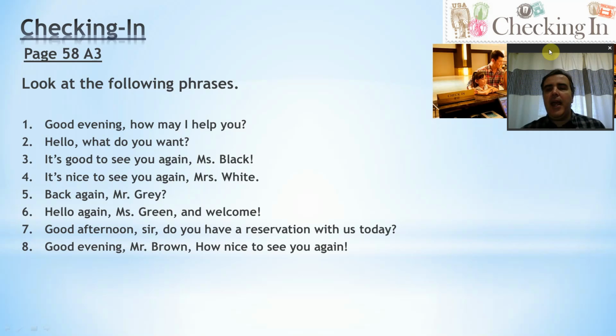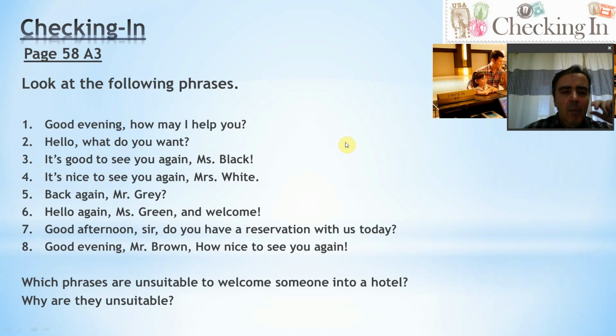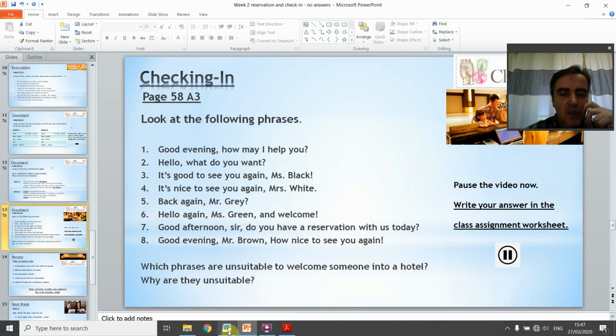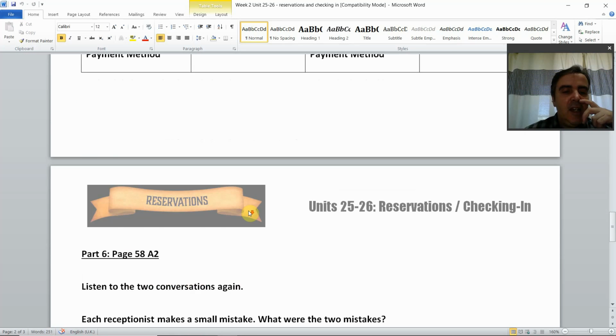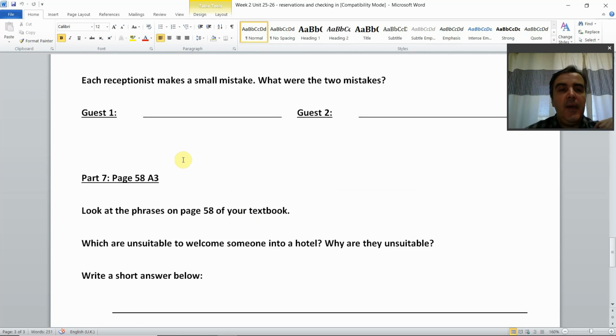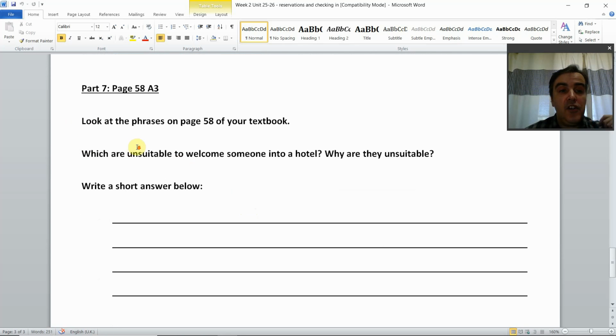So we have 8 different phrases. All of them could be used in a situation where somebody is checking in. Now, some of these phrases are unsuitable to welcome someone into a hotel. We're going to think, why are they unsuitable? So this is the last thing that we're going to do in our worksheet.